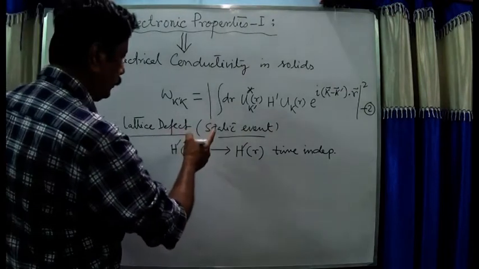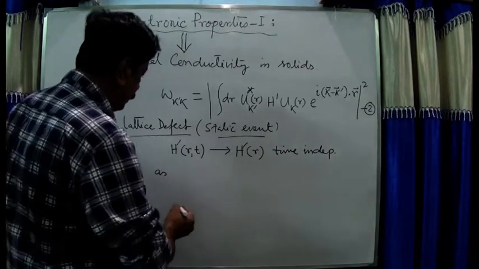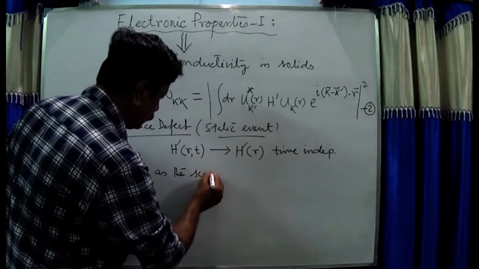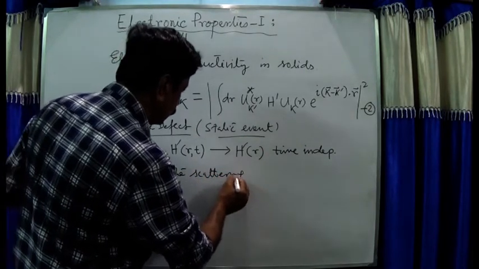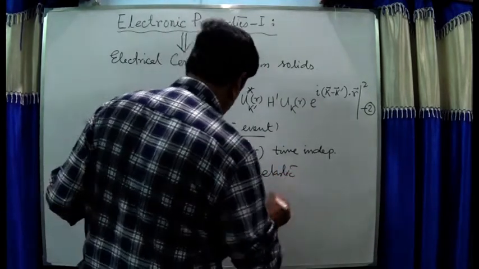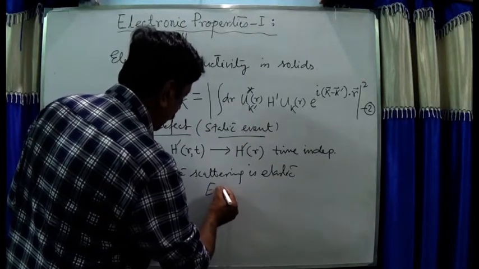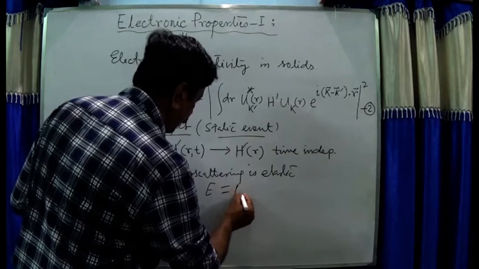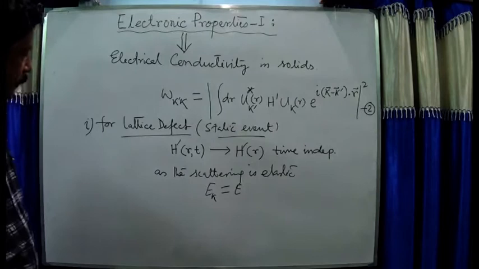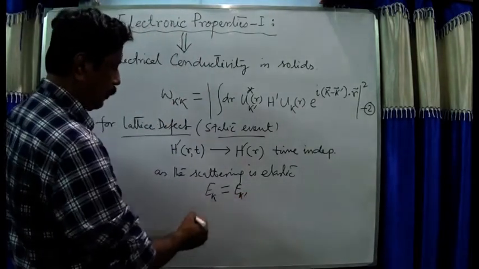And for a static event, we have mentioned that the scattering is elastic. So as the scattering is elastic, the energy E with specified k and the energy with k prime must be equal.